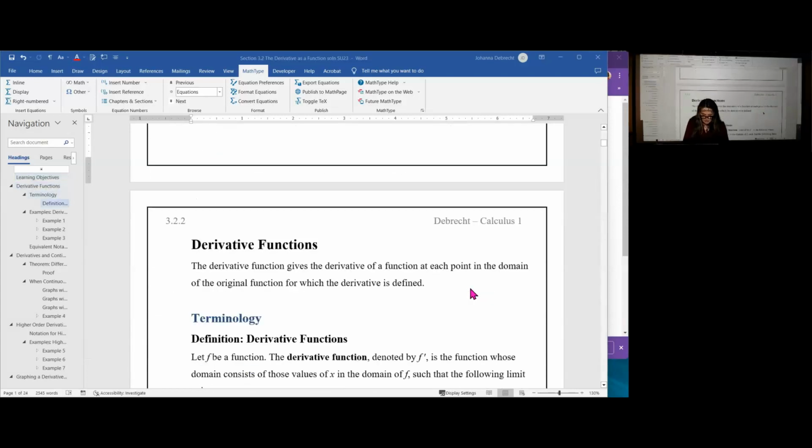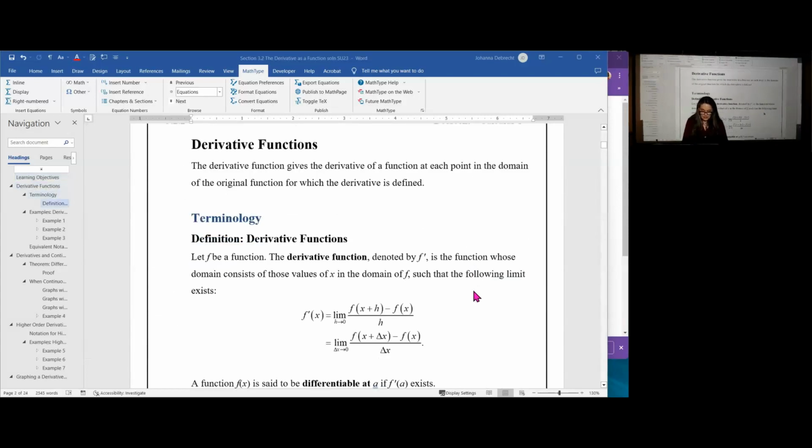Let's go ahead and define what the derivative function is. The derivative function allows us to find a formula, an expression that will give us the value of the derivative, slope of the tangent, at any point in the domain of the function for which the derivative exists.